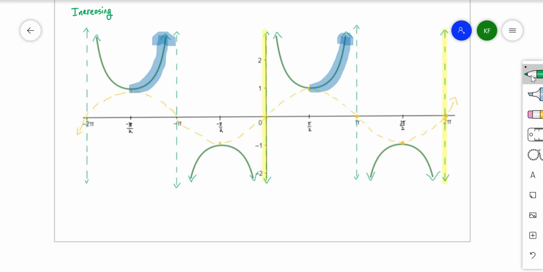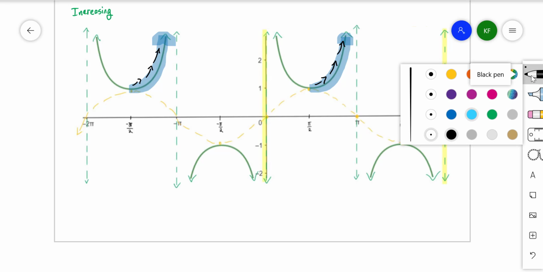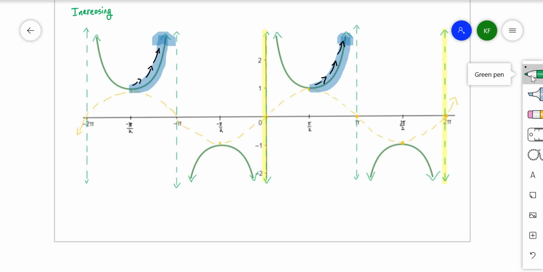So to remind you, because it's not as clear, you're looking for where is the graph going up. So we're going to write the interval of where it starts. I'm going to start in the parent period here. So we start at pi over 2. We're increasing, so it is an open parentheses. We do not include the end value. And then we're going up on this one to pi. So it's only a half a pi interval.